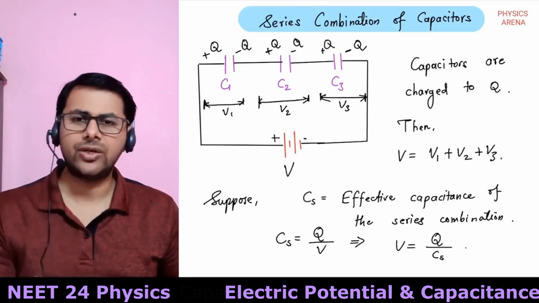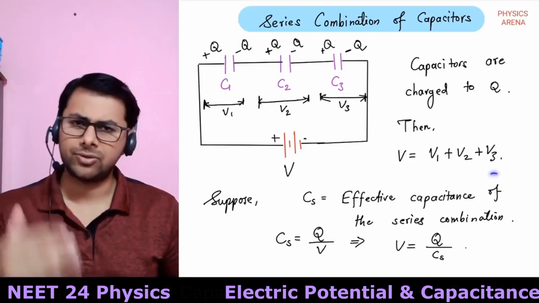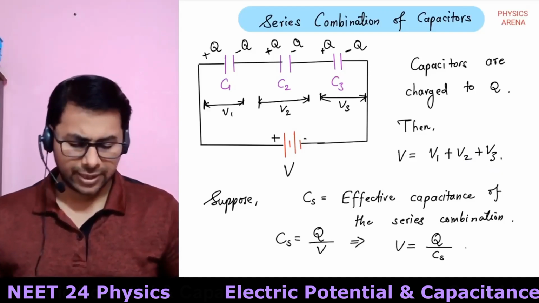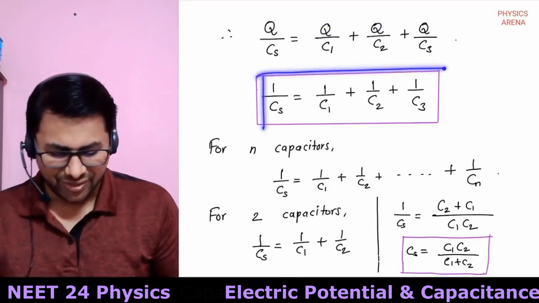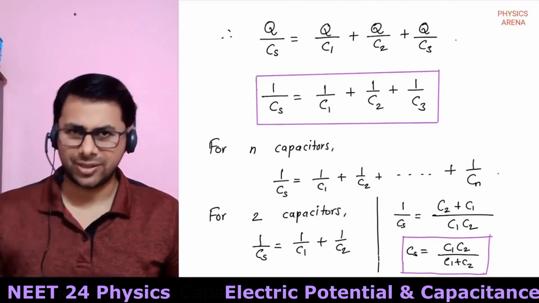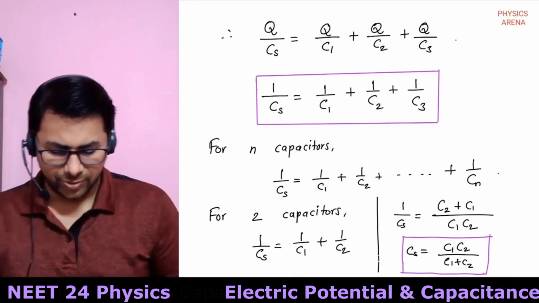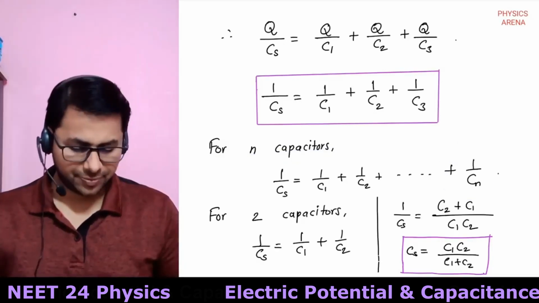Similarly, we can write V1 is equal to Q upon C1, V2 is equal to Q upon C2, V3 is equal to Q upon C3, and then we can cancel out Q. And we get 1 upon CS is equal to 1 upon C1 plus 1 upon C2 plus 1 upon C3. For n capacitors, it will go till 1 upon Cn.